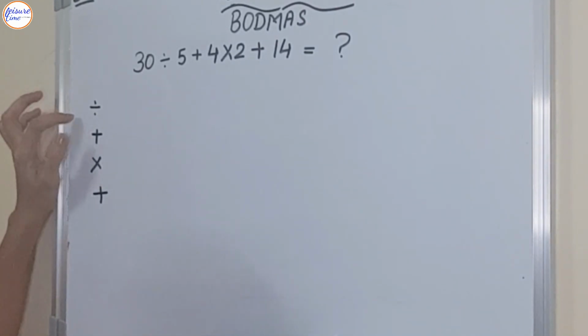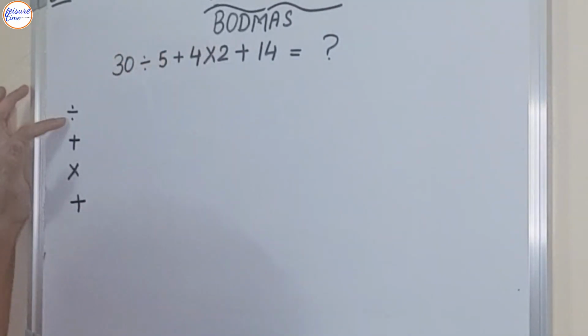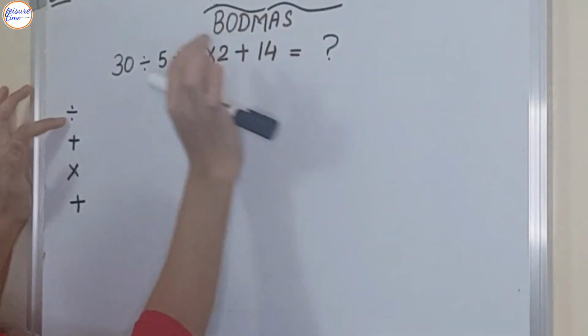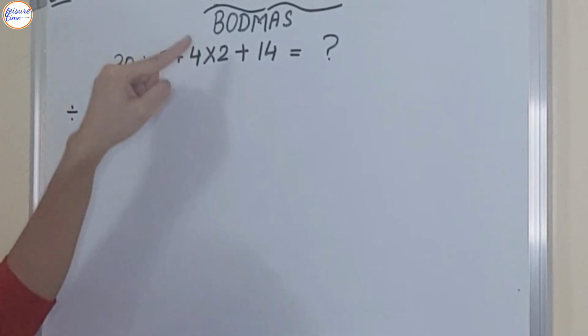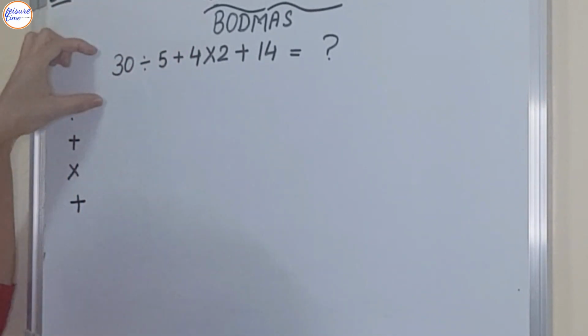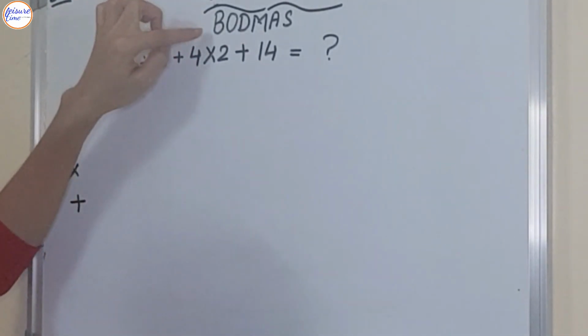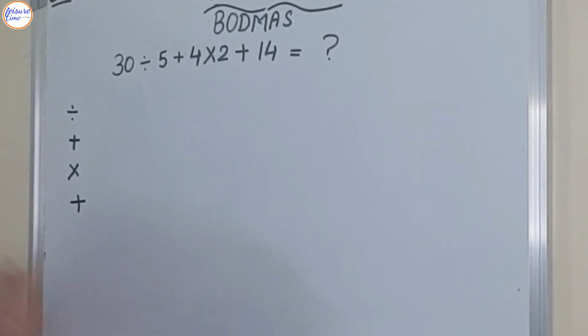Okay. Now see division. According to the BODMAS rule, you have division first, because in this expression you don't have any brackets and you don't have any of factor. So firstly, what will you solve? The division term.